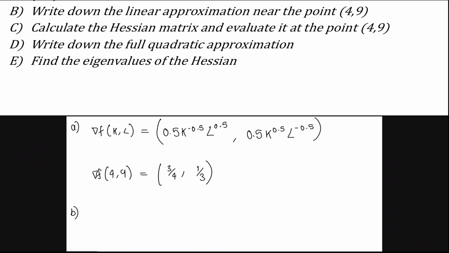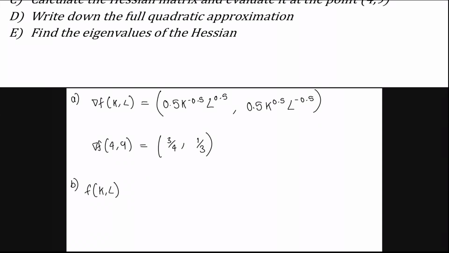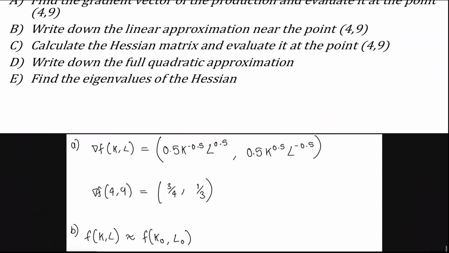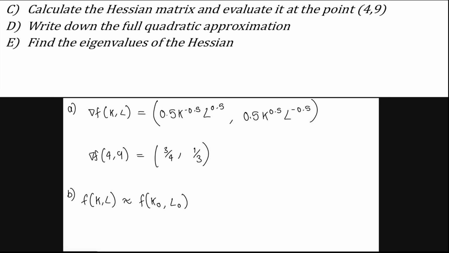The question is now telling us to write down the linear approximation near the point (4, 9). So the function f(k, l), if we just write down a general formula first, we will have to substitute in our two values, which is (4, 9), plus our gradient, where we have substituted in the points k0 and l0, which is again (4, 9), and we need to multiply this by (k − k0, l − l0).